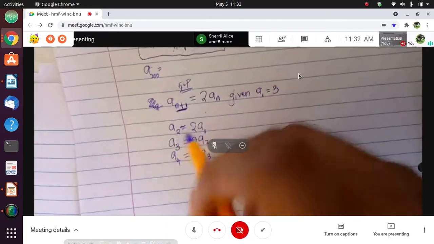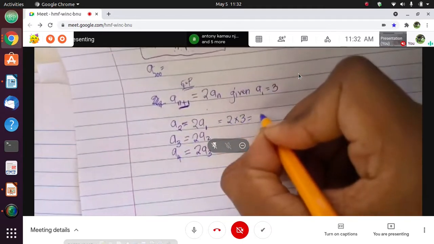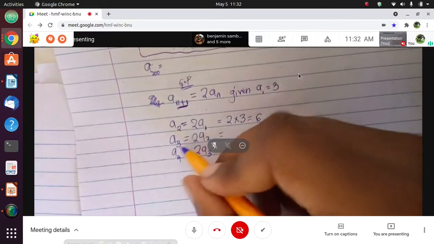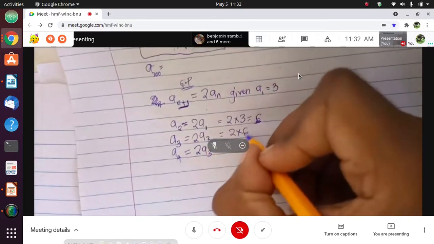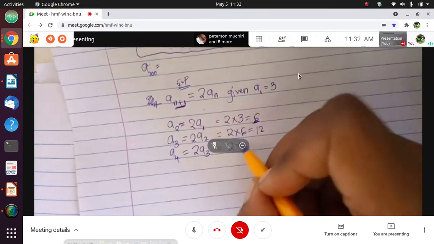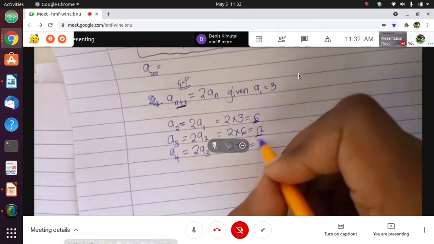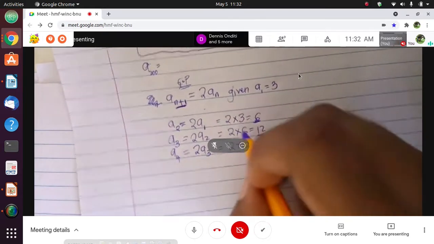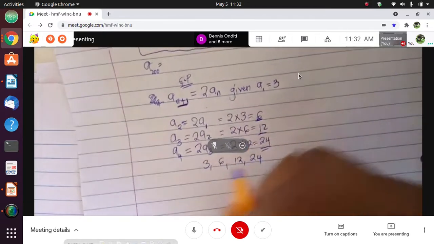So the second term, a2, will be 2 times a1, and a1 we had been given as 3, becomes 6. A3 is 2 times a2, and we found a2 as 6, so 2 times 6 gives us 12. A4 is 2 times a3, and a3 is 12, to give us that the fourth term is 24. Therefore our sequence is 3, 6, 12, 24.